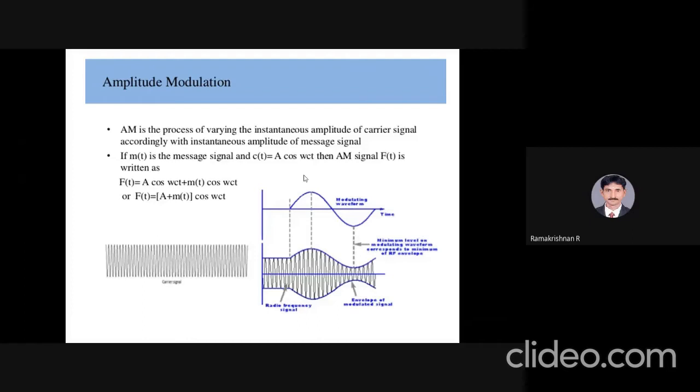Therefore, the amplitude modulated signal can be represented as Vam(t) = Vc + Vm(t), which can be written as (Vc + Vm sin ωmt).